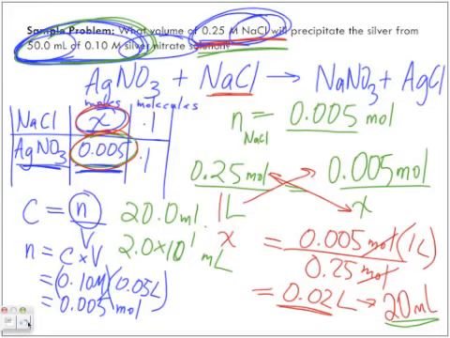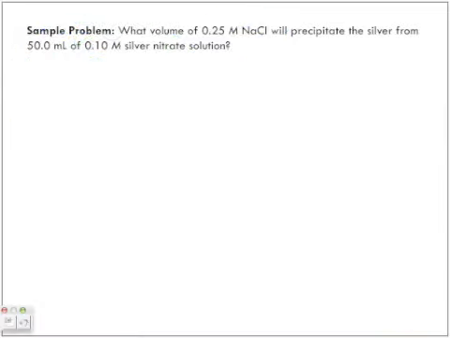So what volume of this concentration? We're mixing this concentration of sodium chloride with this concentration of silver nitrate. What we're trying to do, with what we had, what do we get? Let's just look at the hypothetical, without the scientific notation: 20 milliliters.